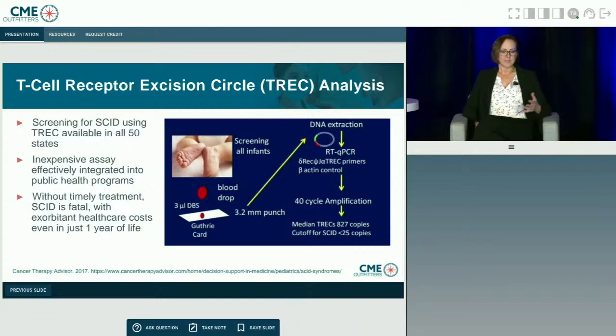It's an inexpensive assay that's integrated into all of our public health programs now and can identify SCID, or severe combined immune deficiency, that is fatal. This is a T cell, B cell immune deficiency that can result in exorbitant healthcare costs in that first year of life.